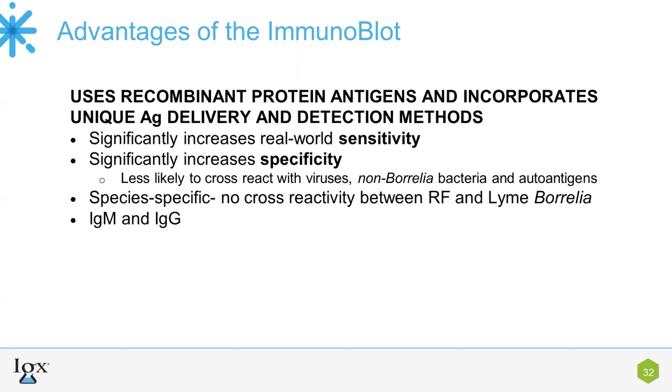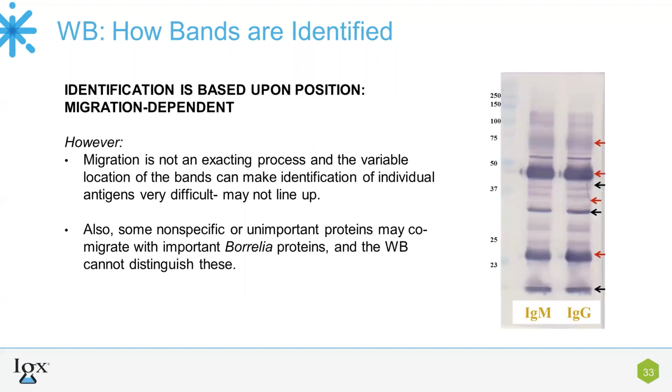So if you have a patient with Lyme and you do a TBRF Immunoblot, they're not going to show positive. There's no crossover. Also very important, as I mentioned, relapsing fevers give IgM responses even late into the disease. That's recognized. So importantly, these Immunoblots report IgM and IgG, very important.